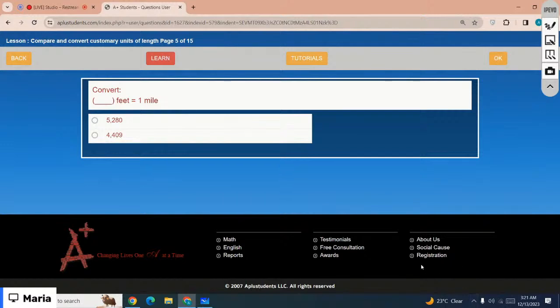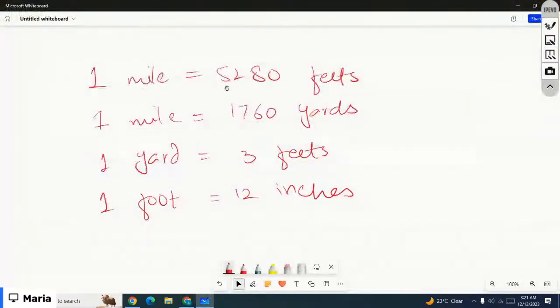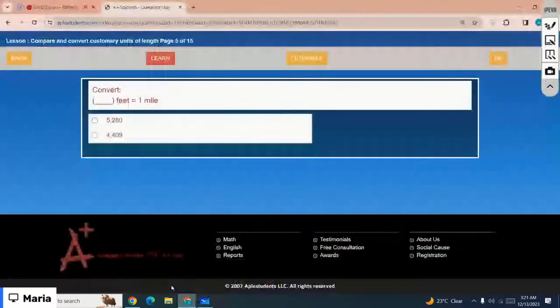You can see the board. If you have noted them down, then that would be very easy for you. 1 mile equals 5,280 feet. The correct option is option number 1.